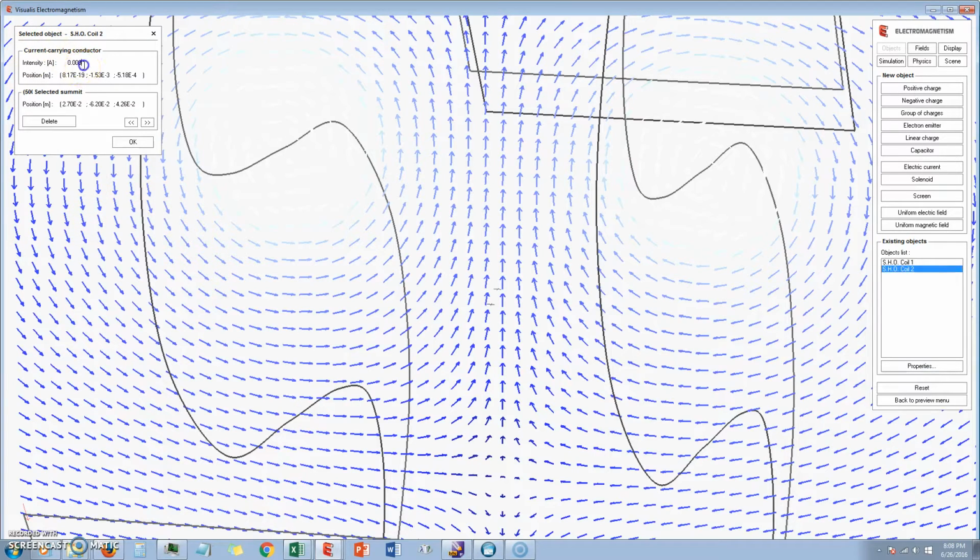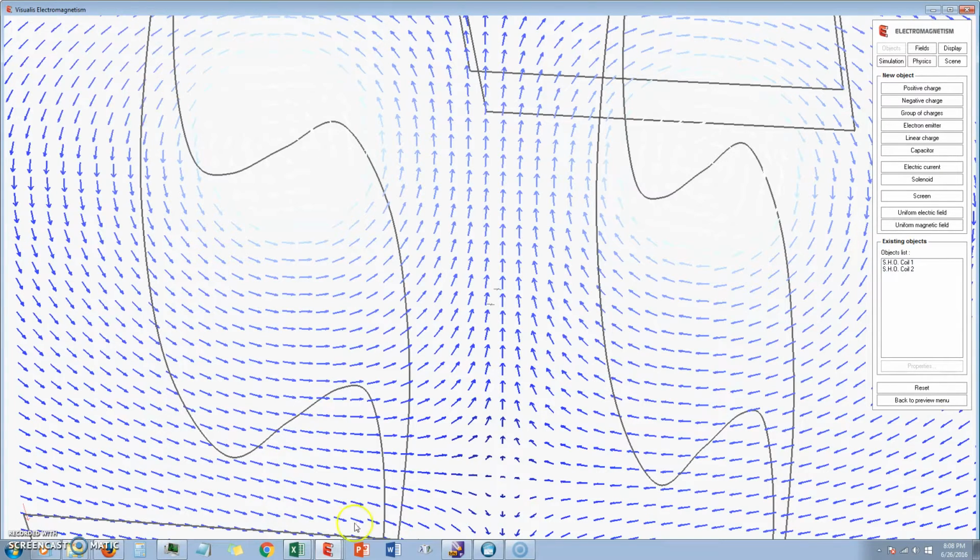So this coil, S.H.O coil 2, has no current going through it. All right, so let's say if I had 2 amps going through the other 22 turns that the S.H.O 2 coil would have. So S.H.O coil 1 would have 22 turns, and S.H.O coil 2 would have 22 turns. This is just an example.